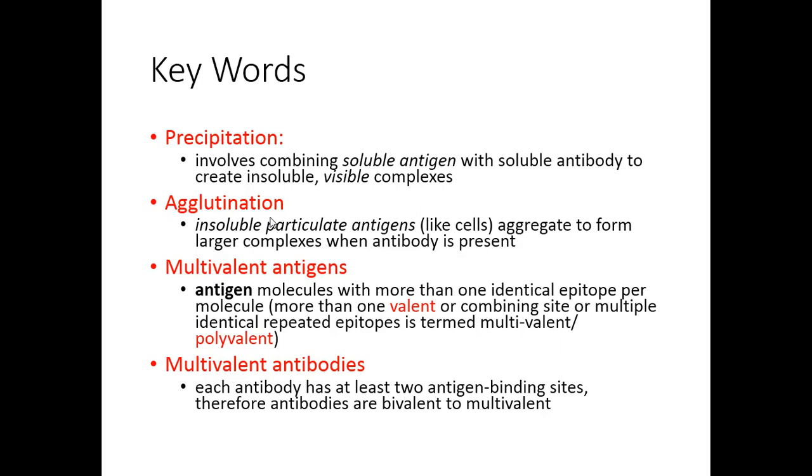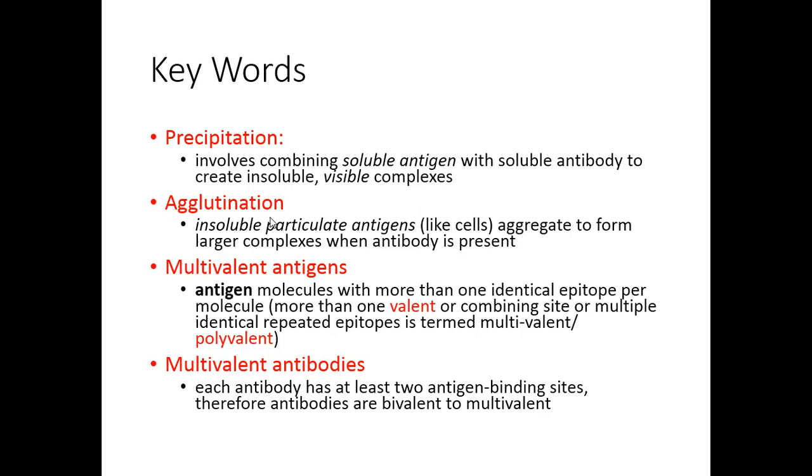We talk about the binding capacity. So multivalency is more than one valent, or more than one combining site. We frequently see this as repeated epitopes, multiple versions of the same epitope. And so when we hear these terms, multivalent and polyvalent mean the same thing.